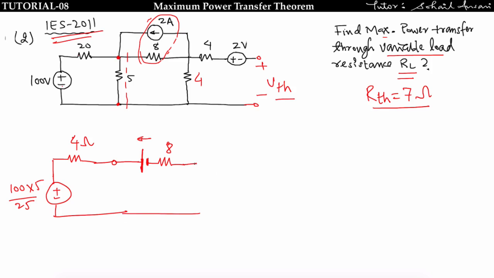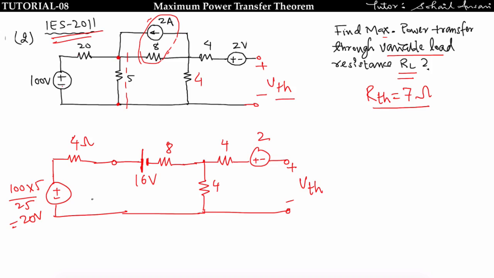Okay, now this is parallel with 4 ohm and we have to connect the VTH. Then we have to find the VTH here. This is 2 volt, this is 4 volt, and the value of this voltage source is given by 8 multiplied by 2, that is equal to 16 volt. Now take the equivalent of 16 volt and 20 volt.